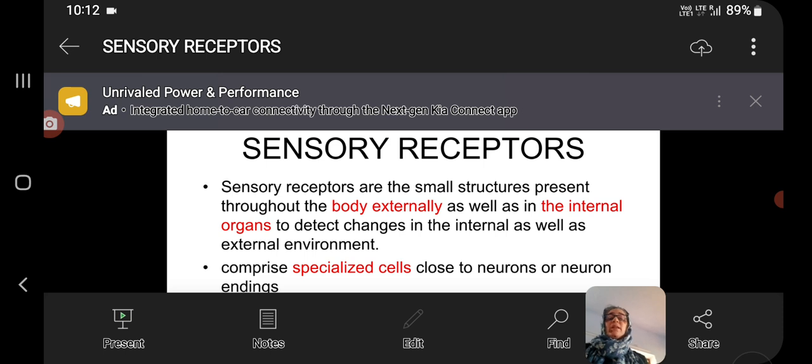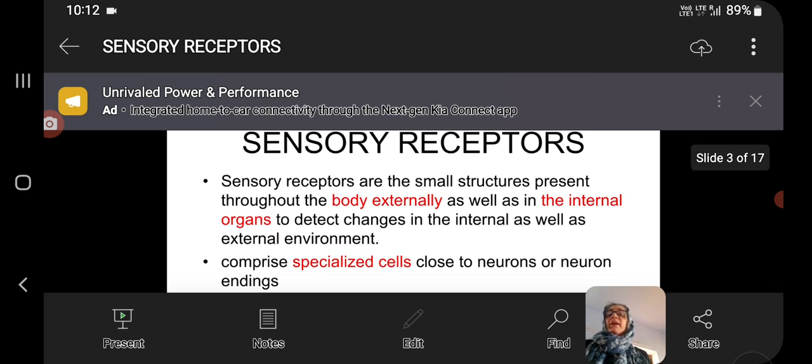Sensory receptors receive external stimuli and then detect changes in the internal as well as external environment. They comprise specialized cells, that is, neurons.